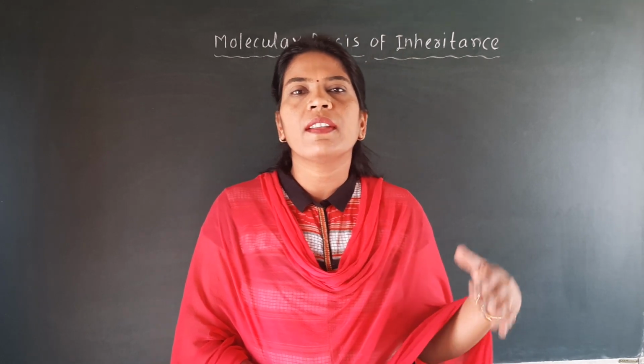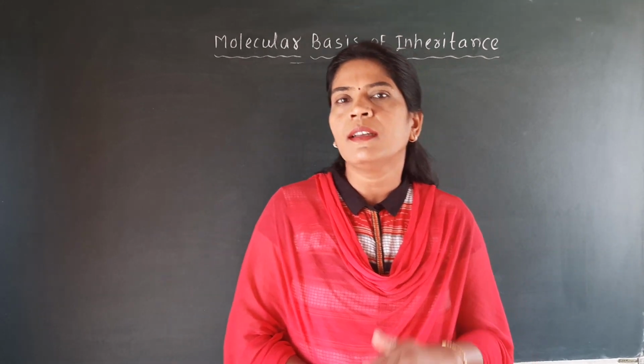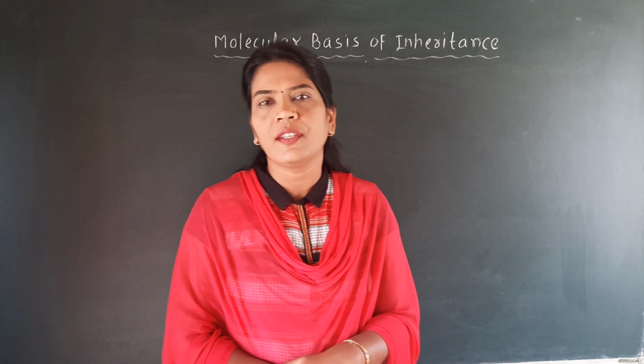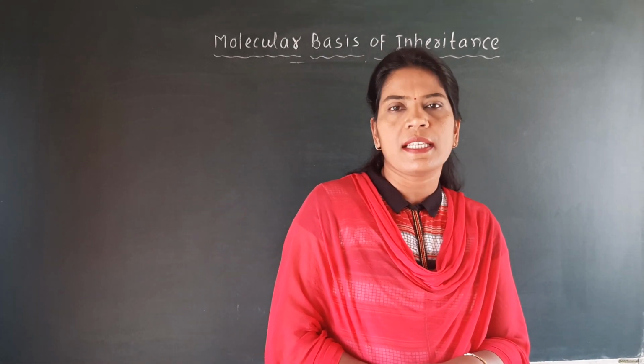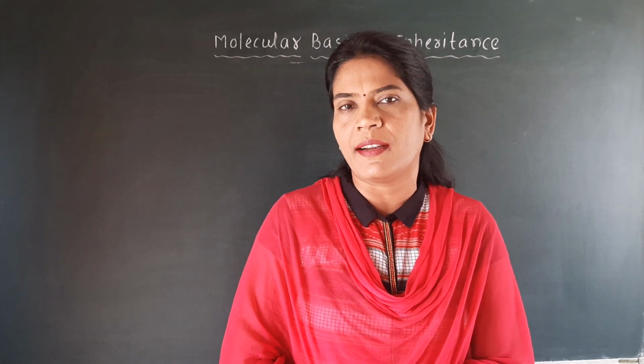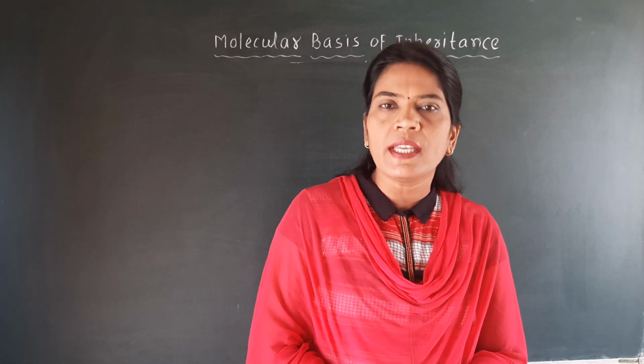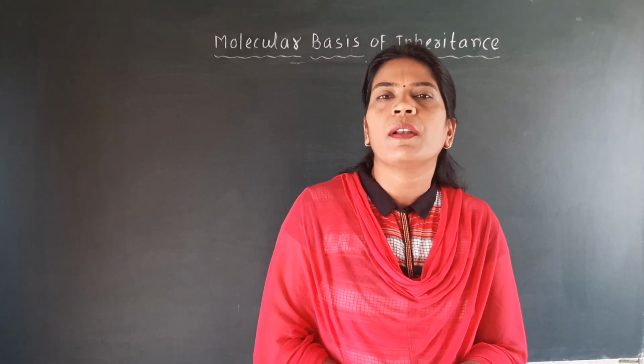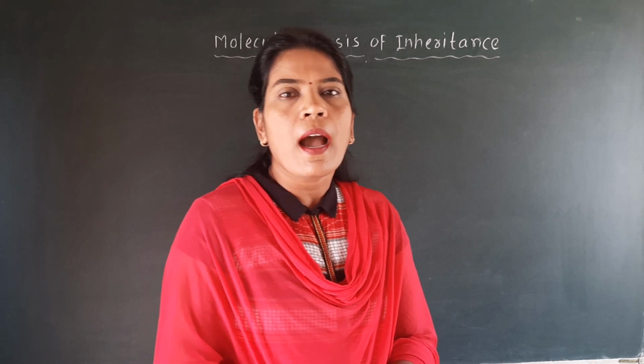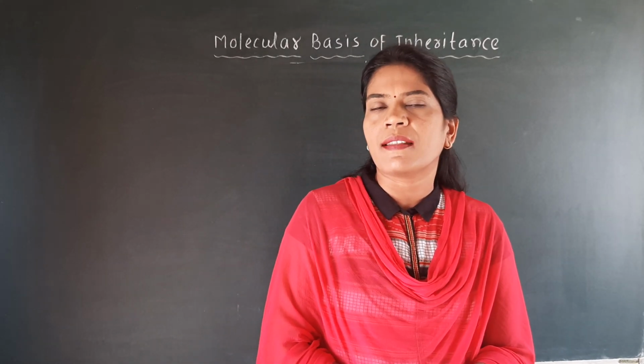The promoter is always present at the 5' end, the terminator is always present at the 3' end, and the structural genes are present in between the promoter and terminator, which are the genes responsible for protein synthesis.